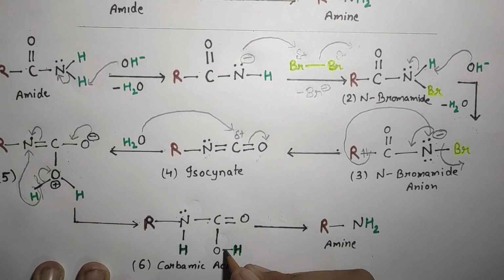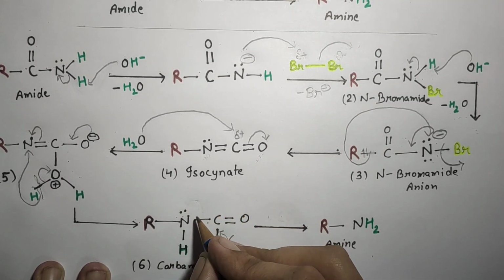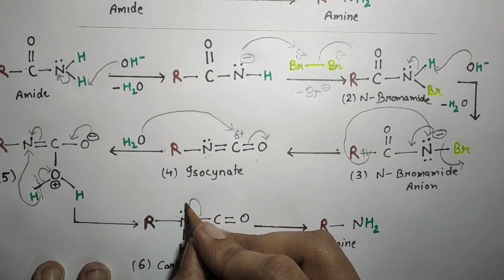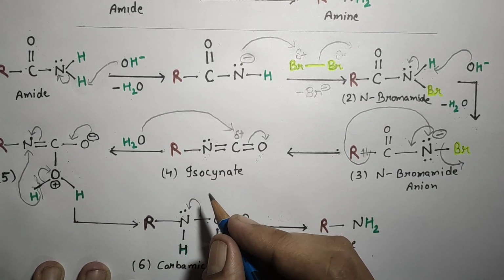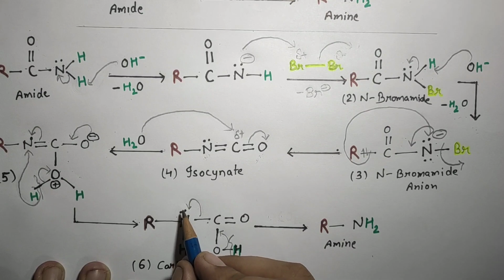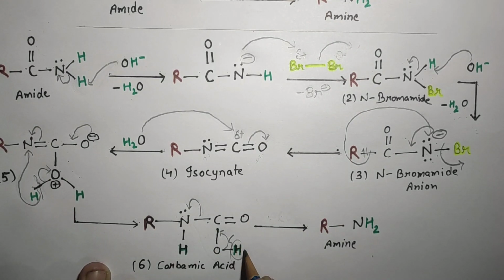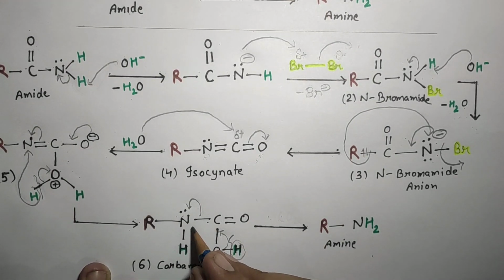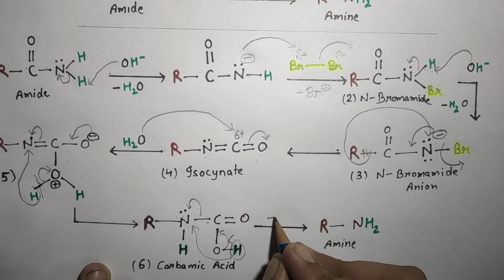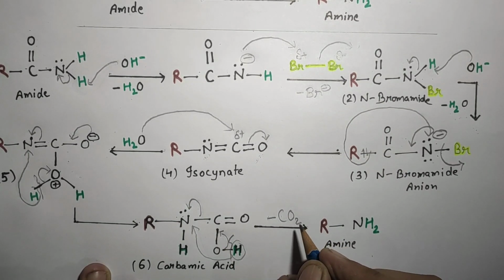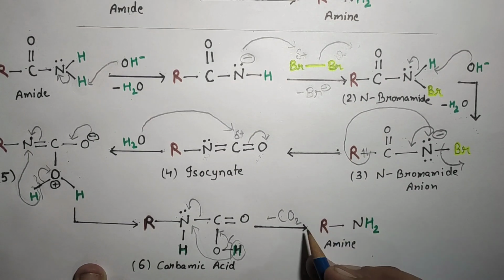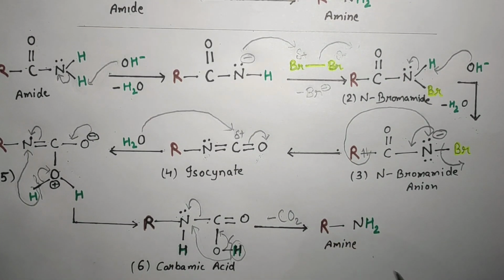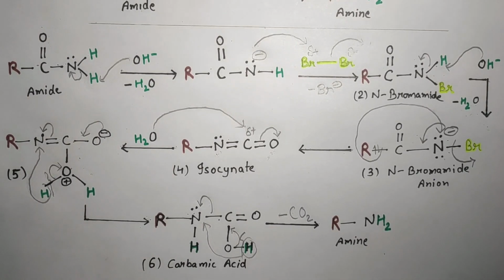What will happen is the electrons of this bond will get shifted here, liberating this hydrogen atom, and the electrons of this bond get shifted here on nitrogen, giving rise to a negative charge, due to which this hydrogen will migrate to this nitrogen and carbon dioxide gets released and amine is formed. So this was overall Hofmann reaction mechanism.